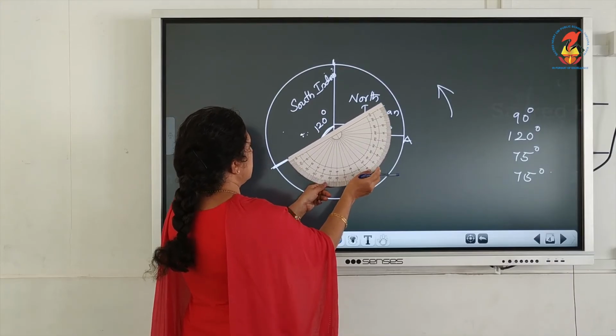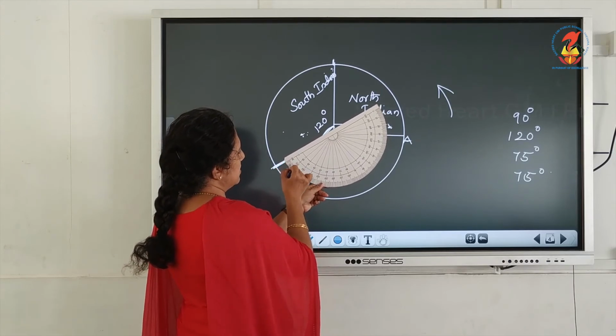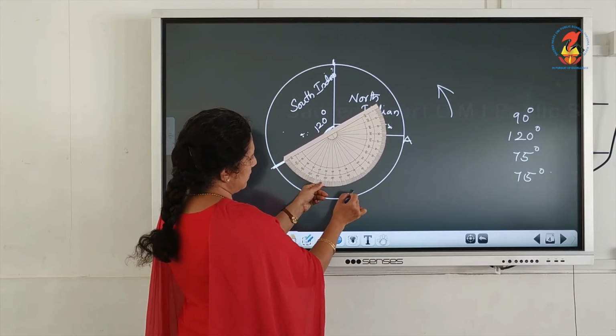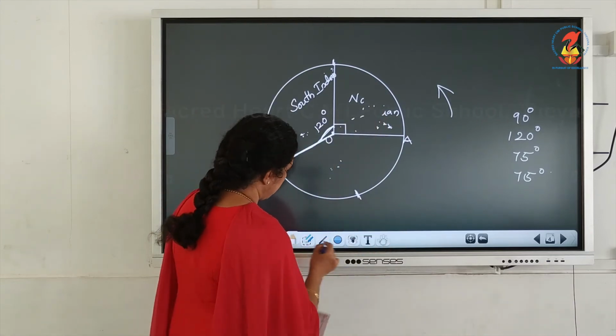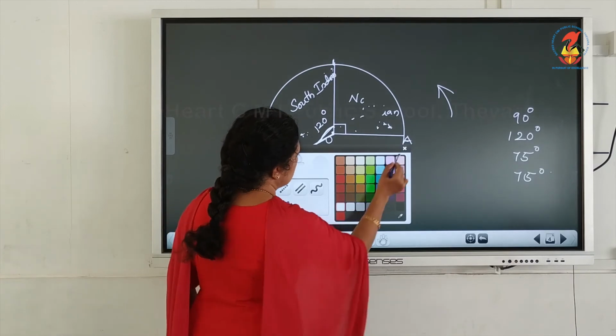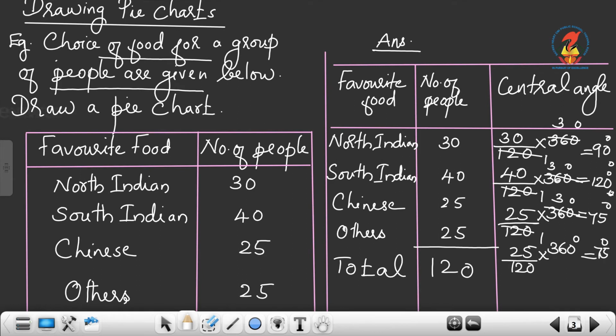The inner scale 0 coincides with the line. Then here comes 75 degrees. Here 75 degrees, which one?